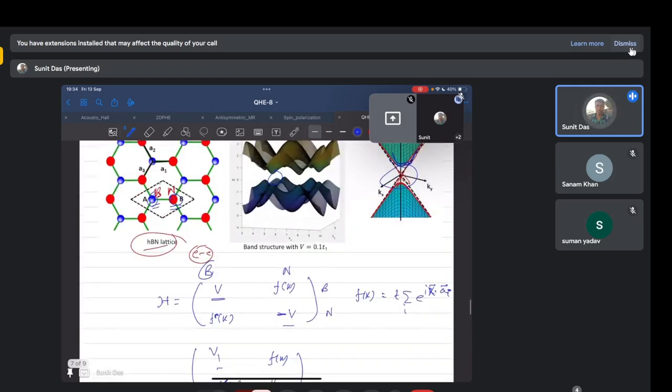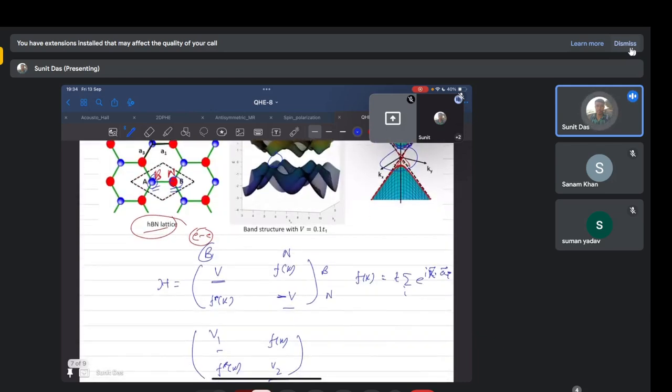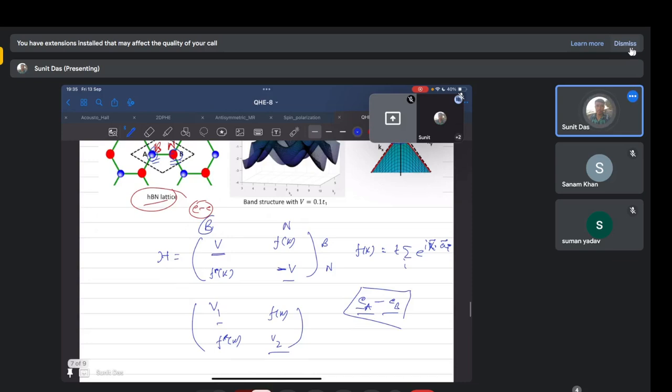Similar to graphene, these A and B atoms we call different sublattices. In graphene we had two carbons, which we call Ca and Cb. Both are carbon, but different sublattices. They belong to different sublattices within a unit cell. And in the hBN case, boron and nitrogen belong to different sublattices.